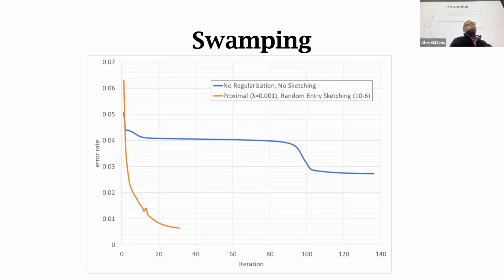For example, if you have a matrix where the first row is 1, 0, 0, and all the other rows are in a space that's orthogonal, then that matrix will have maximum coherence, because unless you sample that first row, you're going to miss something in the row space of that matrix.